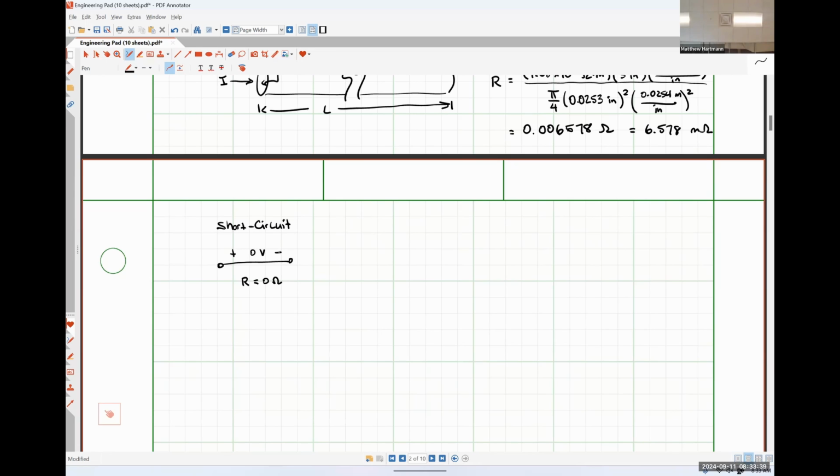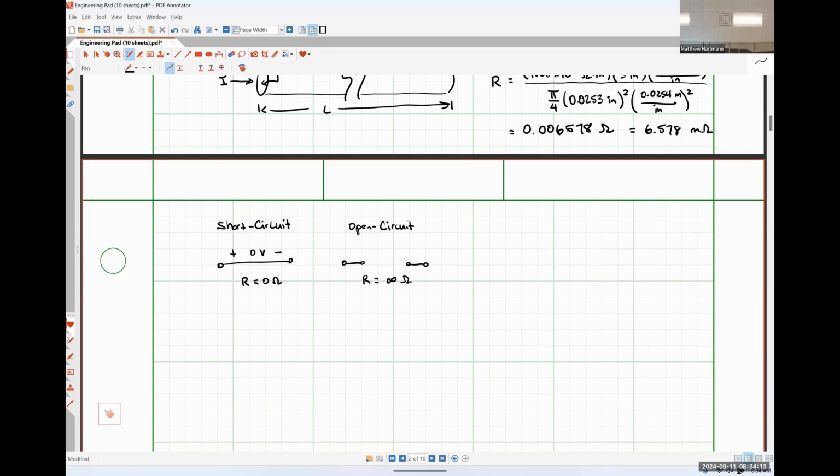On the flip side of things, we will also deal with what are called open circuits, and we'll represent an open circuit as effectively just a break in the wire. For an open circuit, we are going to consider it to have an infinite resistance.